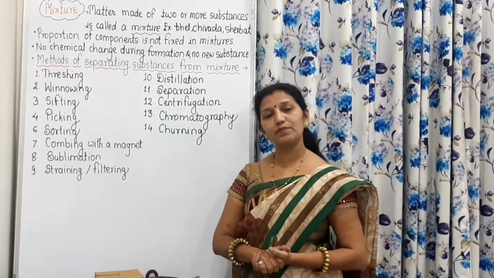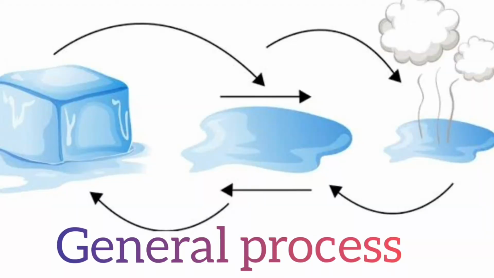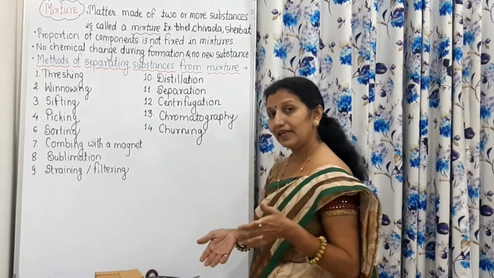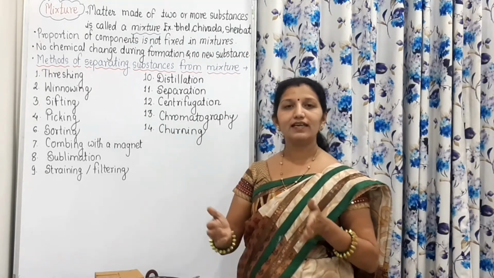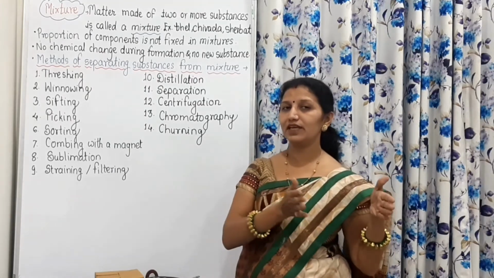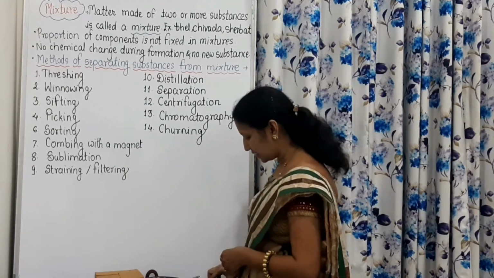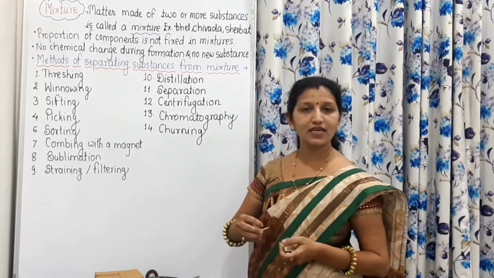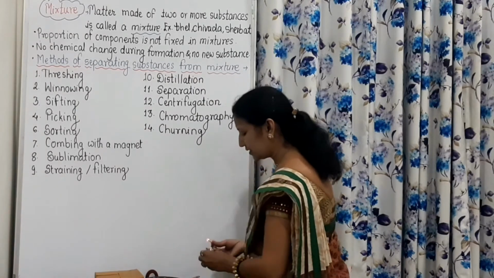Then sublimation. Generally children, if we heat a solid like ice, it gets converted into liquid, that means water is formed, and then when water is heated, there is formation of water vapors. From solid, liquid is formed, and from liquid by heating, gas is formed. But in some substances like camphor, iodine, sal ammoniac or navsagar, naphthalene balls, what happens? These are sublimating substances.